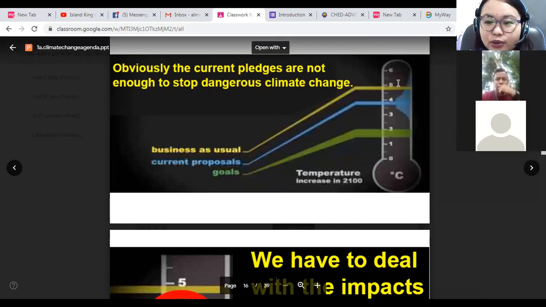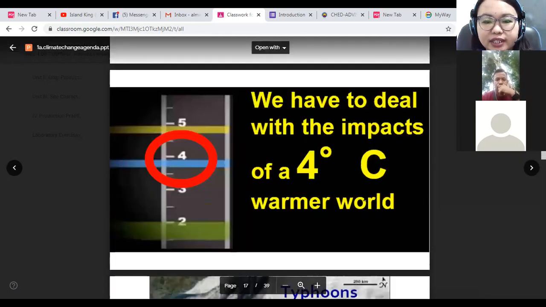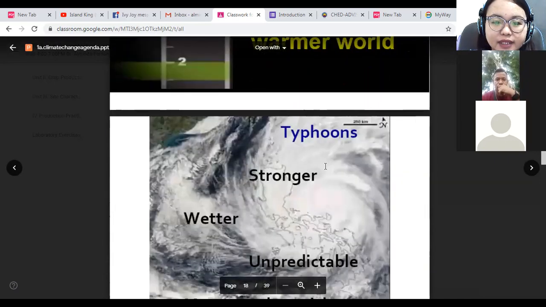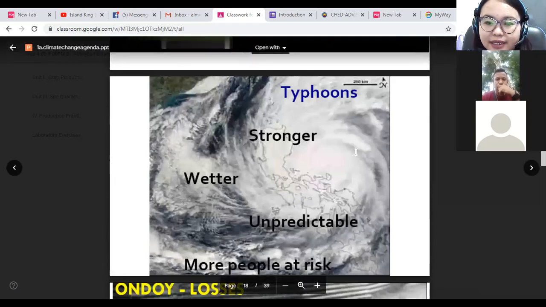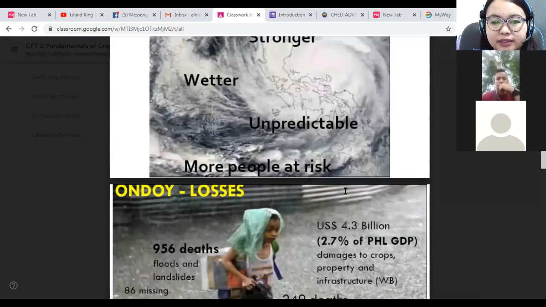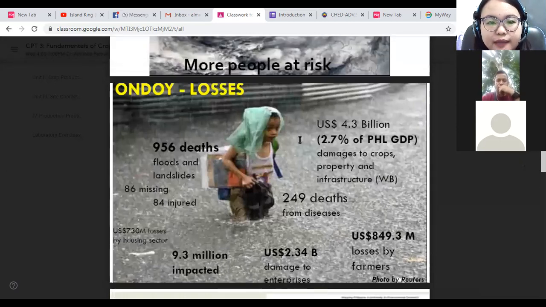As we go through a 5 degrees Celsius increase, we have to deal with a 4 degrees Celsius warmer world and its impacts. As you can see, we're expecting typhoons that are stronger, wetter, and unpredictable, and because of that, more people are at risk. This has been seen before with the Ondoy losses, brought about by climate change and typhoons.